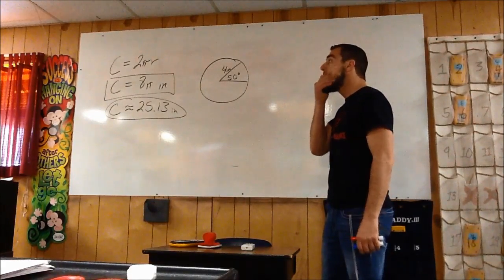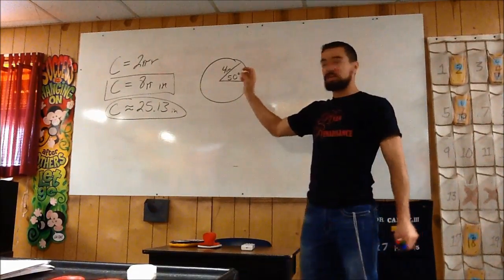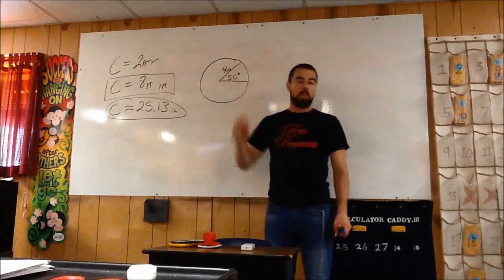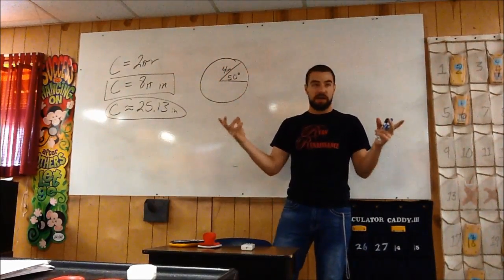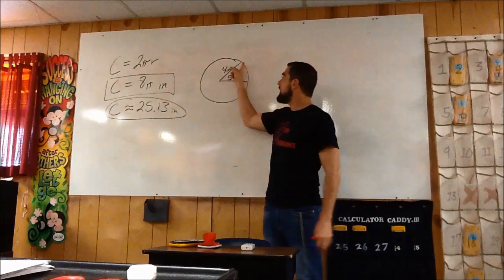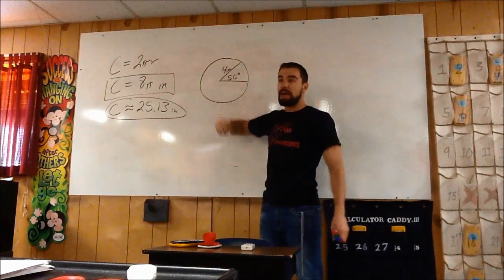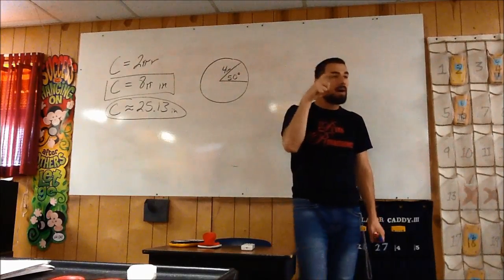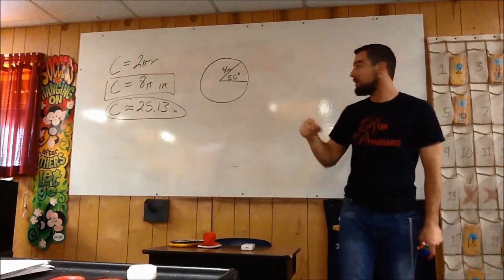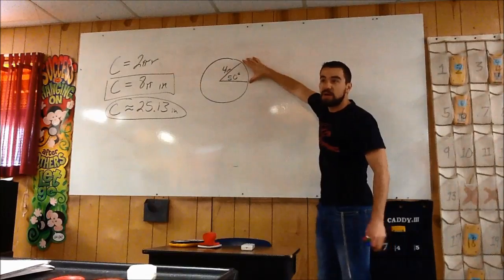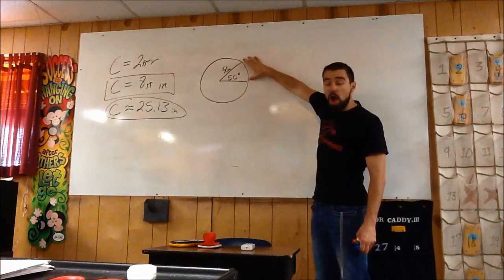Well, what if we don't want the whole circumference? We don't want the length from one point all the way back around. What if we just want a part of this circle? Well, we know that part of the circle is called an arc.